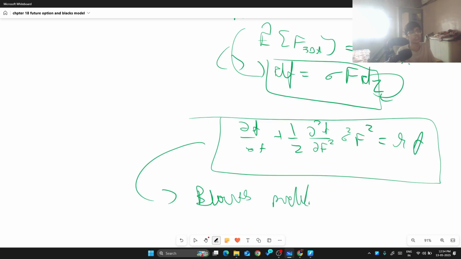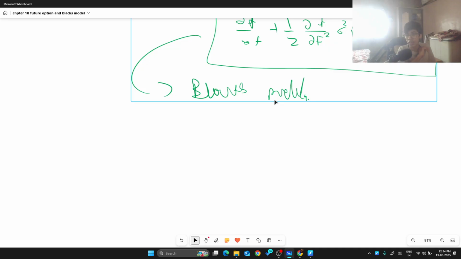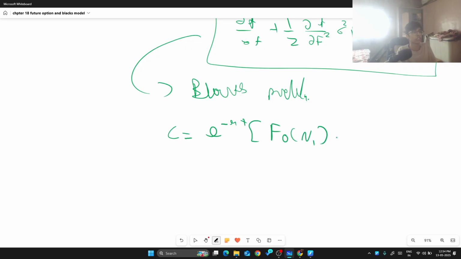And Black's model is used to derive the price of a futures option, and it is exactly similar to the Black-Scholes formula. I will tell you only one difference there is. First is discounting, and instead of S0 there is N1, D1, N1 D1 and N2 D2, right?